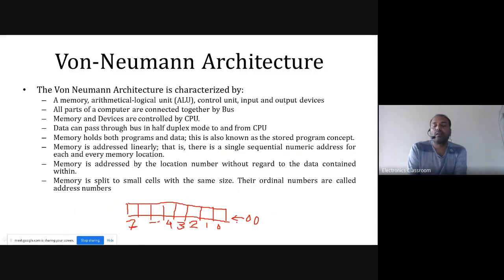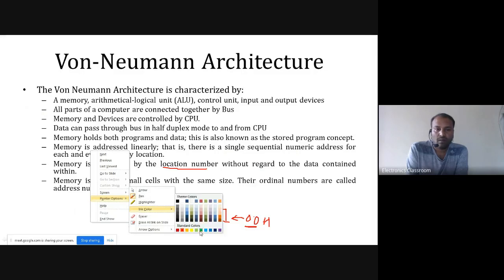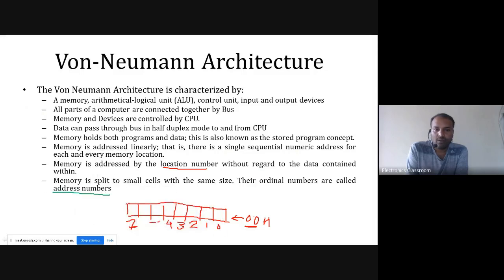7. So we already know what this is. This is our memory address or location number. Okay. So this is our location number, and these are our address numbers.